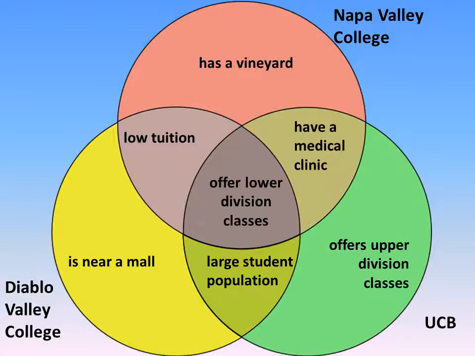And that's what goes in the center. They all offer lower division classes, the first 2 years of a bachelor's degree. So for some people, this graphic method is preferred, and for others, you can do the listing. It's really up to you. And if you have another way to do it, whatever works best for you to generate compare and contrast is just fine.